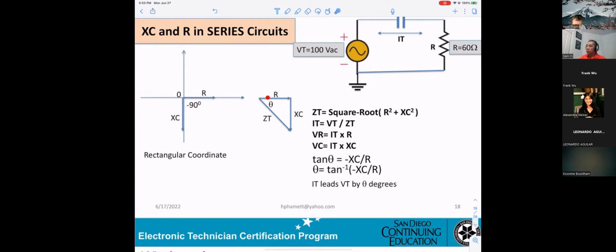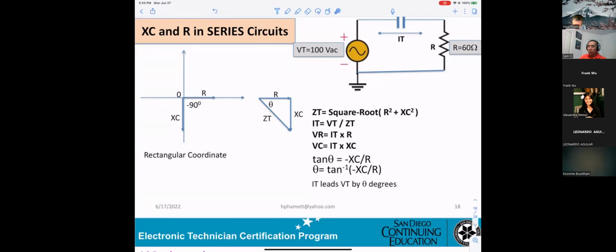You draw vector R and XC going down. You connect this line right here. That will give you the total. But if you're learning math, you know that using Pythagoras, you can find the total.